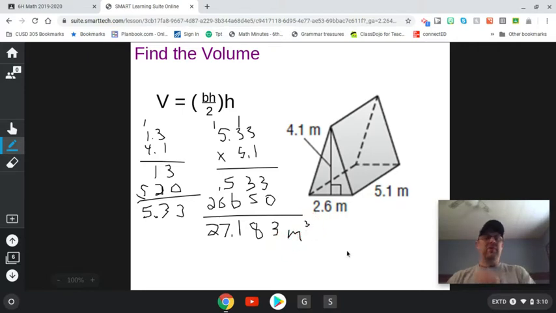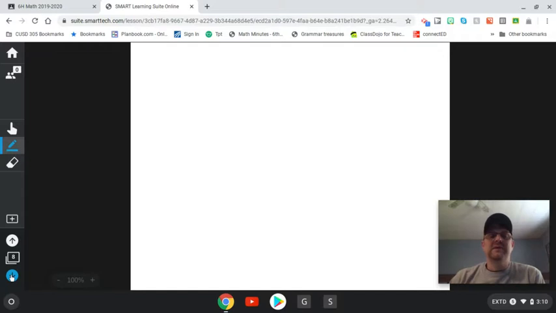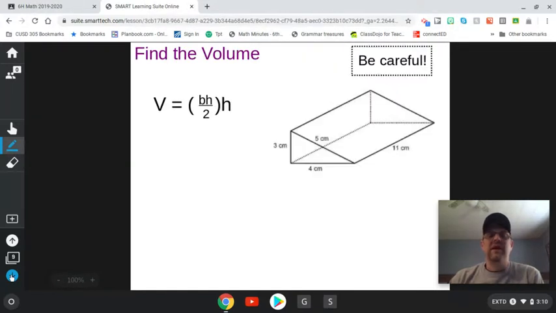Okay, so hopefully you got that right. Okay, I'm going to go ahead and skip down here a little ways to one that says be careful. So what you're doing, they've given you four different measurements here. We don't need all 4 to figure this out. So be careful which ones you use.